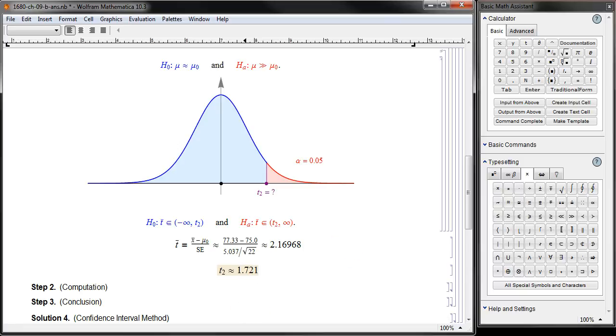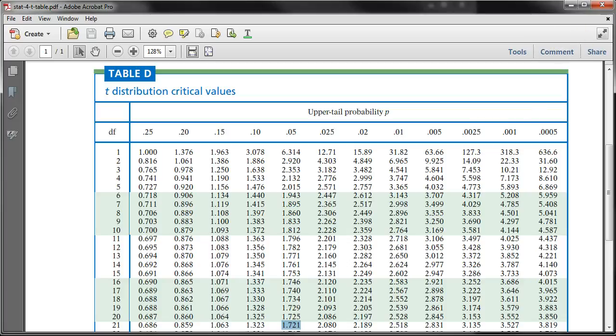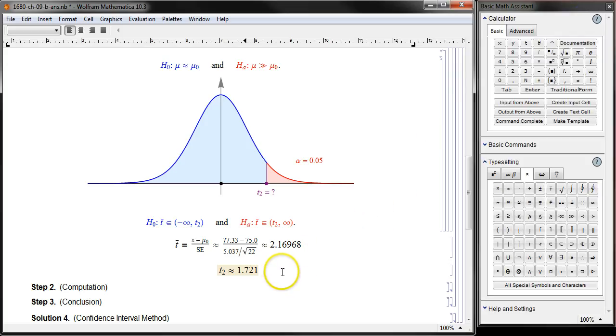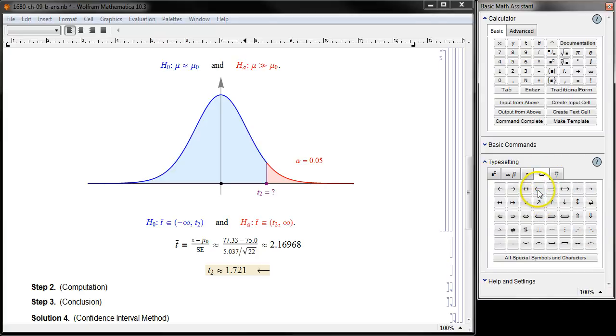Is it 1.721? Yes, 1.721, and that came from the table.